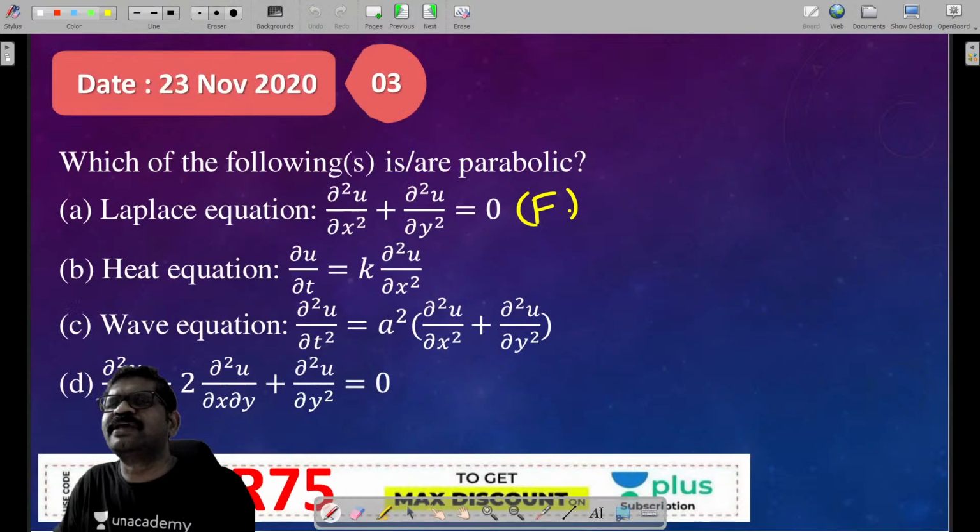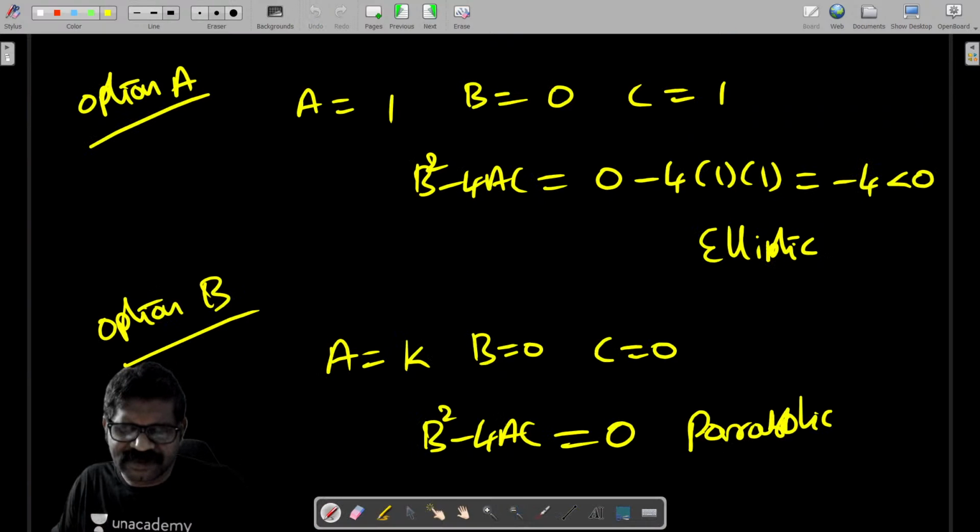So option B is true. So one option is correct. Next, wave equation. So here a value a square, b value 0. Understood? A value a square.